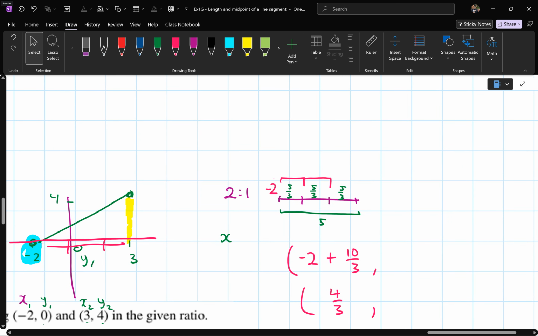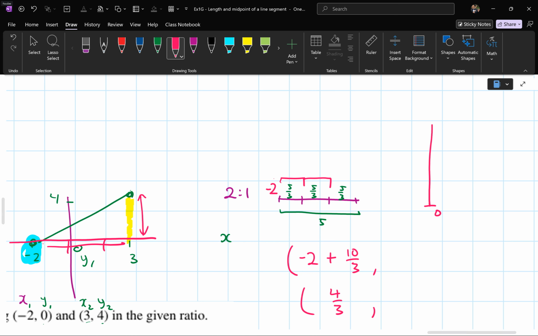And then you got to do the same for the vertical component. So the vertical line starts off at 0, because clearly the y value is 0 here, and it goes all the way up to a y value of 4, right? So 0 to 4, this line has a distance of 4. And I need to split it into 3 equal parts, because I need a 2 to 1 ratio, right?